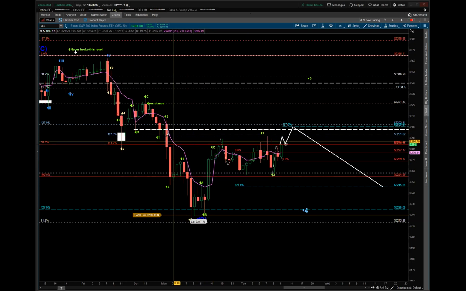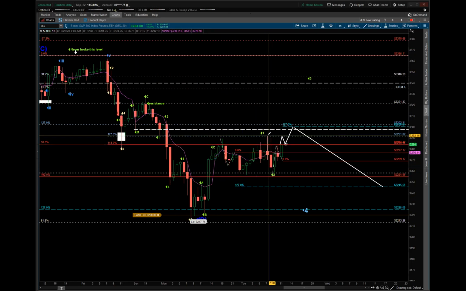Since here we have not been able to break this 1, 2, 3, 4, 5, A, B, C, D, we fall. So I'm looking right now, we were falling. Now here we retest this area again.